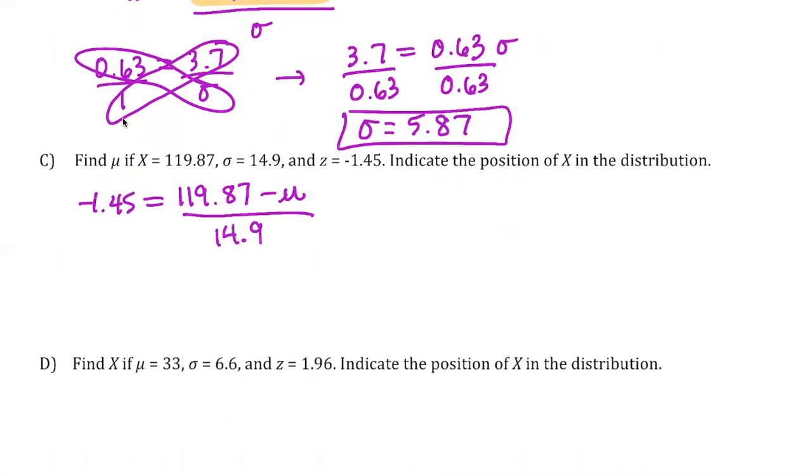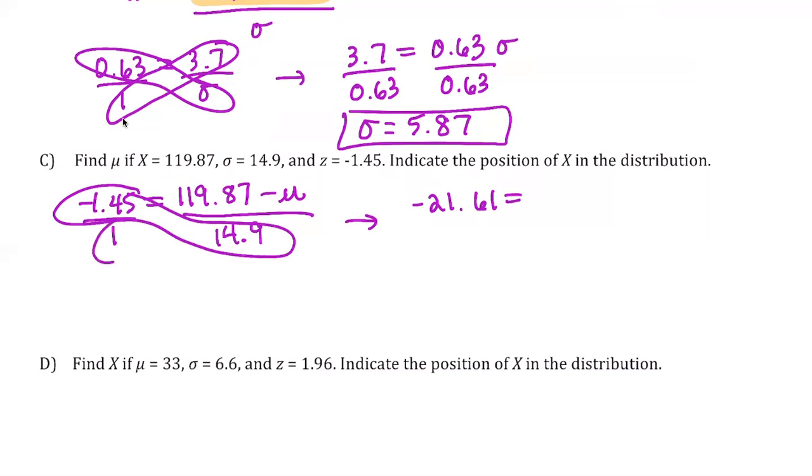So again, plug everything in their location. We can't really simplify as much as we did in the previous problem, so we're going to go immediately to cross multiplying. If I take negative 1.45 and multiply it by 14.9, that's going to give me negative 21.61.